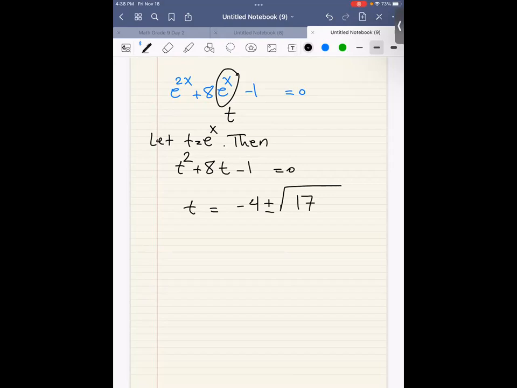I'm using the quadratic formula, right? So you have two solutions: t equal to minus 4 plus root 17, and t equal to minus 4 minus the square root of 17. So if you want to write the solution in terms of e to the power x, e to the power x equals t.